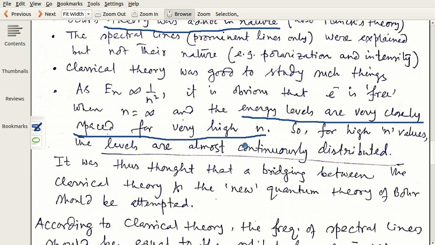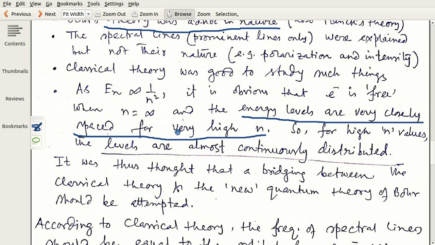So the difference between the nth energy level and the n plus 1th energy level is very, very narrow. It can therefore be said that for high n values, the energy levels are almost continuously distributed. So if the energy levels are continuous, in that case the classical theory can be applicable.